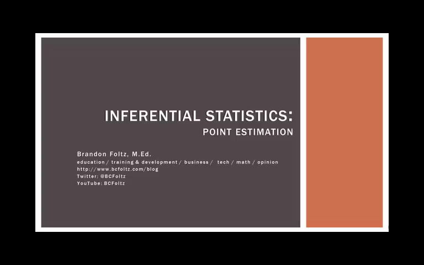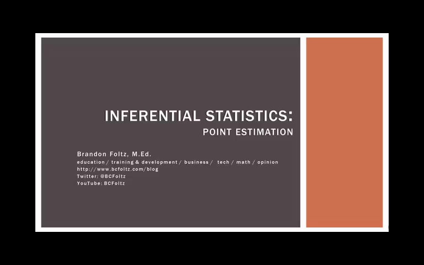Now, many times in statistics, we're interested in the property of a large population, maybe all the college students on a campus, or maybe all of the workers in a certain industry. Or maybe, in this example, we're going to look at statistical quality control. So a product is coming off the assembly line, and we want to check whether or not the quality is good enough.